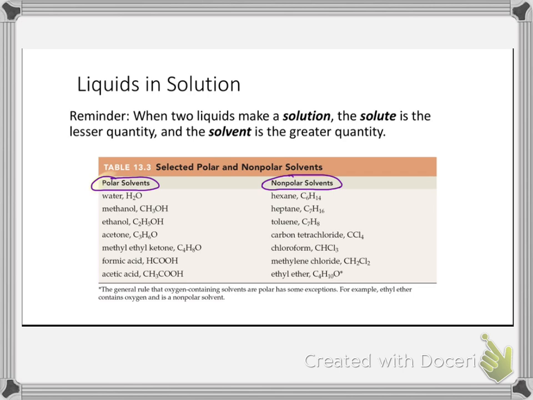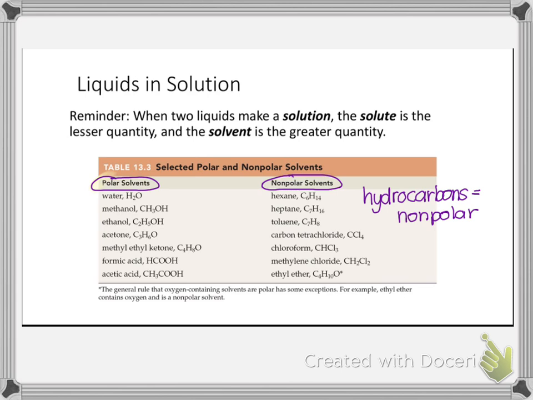So even with these polar solvents, even though they have hydrocarbons, which we know hydrocarbons are nonpolar from a previous chapter, when you add oxygens, it becomes polar.